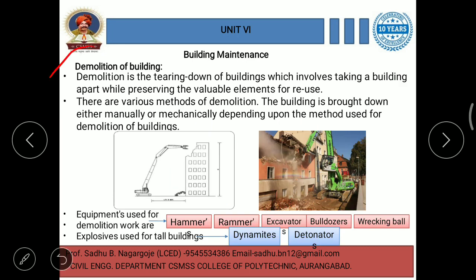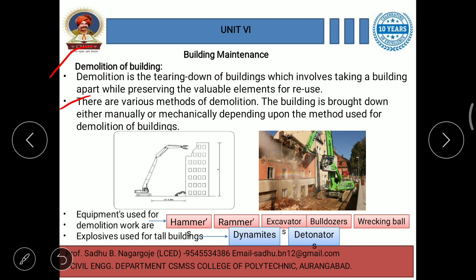The demolition of building is nothing but the tearing down of buildings, which involves taking a building apart while preserving the valuable elements for reuse. There are various methods of demolition. The building is brought down either manually or mechanically depending upon the method used.